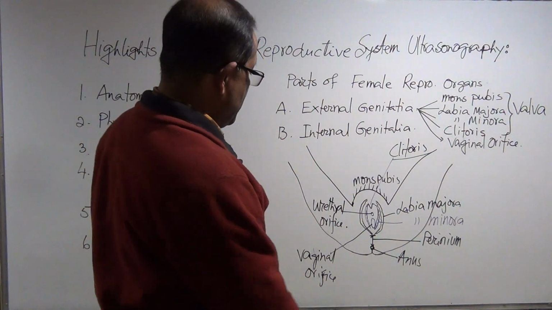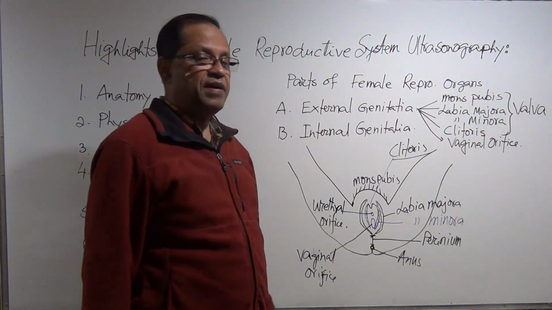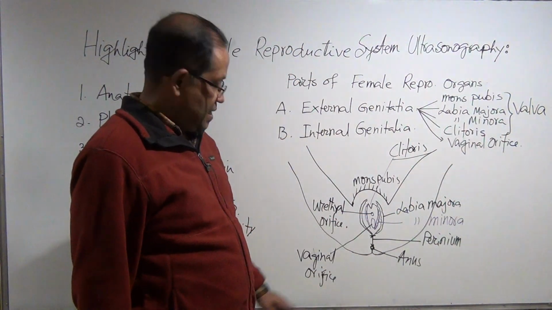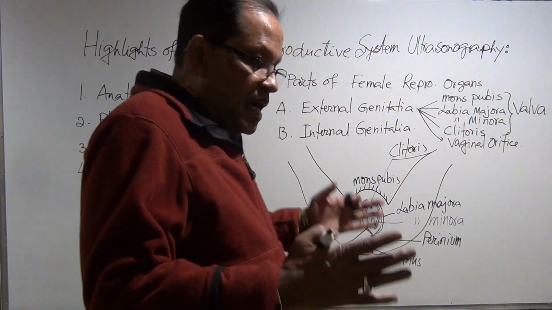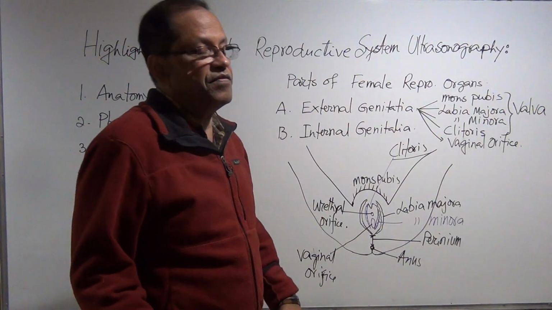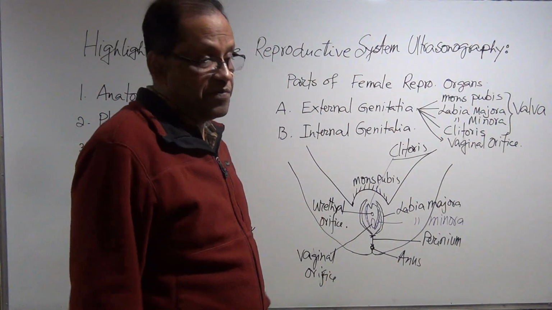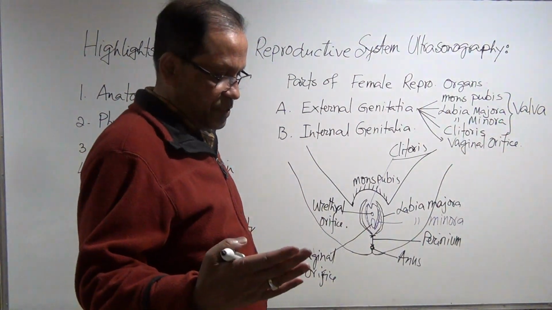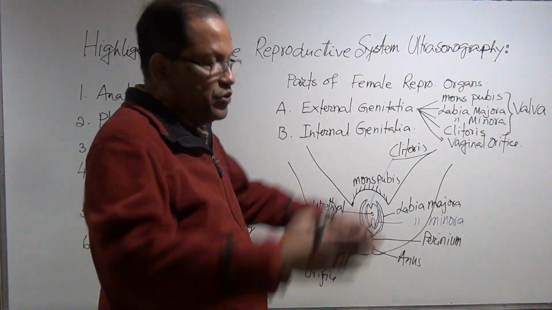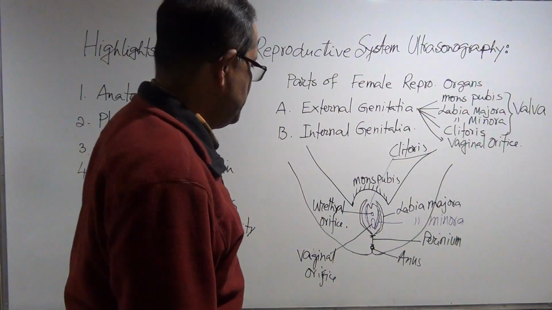That's why during labor, if there is hard feces in the rectum, delivery of the fetus is difficult. That's why they are given douches or enema to clean the rectum.